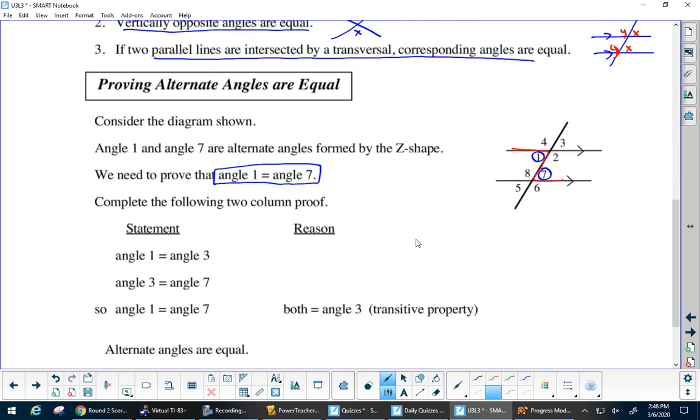So the first thing you could start off with is by saying angle 1 equals angle 3. Is that true? Based on what? Angle 1 equals angle 3 because they are, so we can say, vertically opposite.